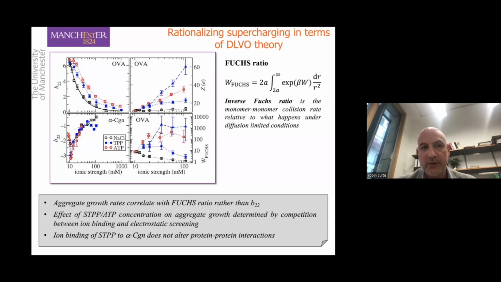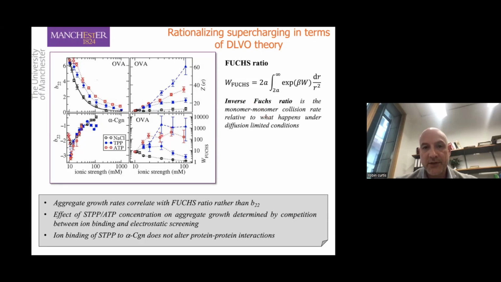And then what we wanted to do is to explain this minimum in aggregate growth rates that occurs around 5 to 20 millimolar. If you just look at the virial coefficients, you get the strongest repulsion at very low salt concentration, not at 5 to 20 millimolar. But the colloidal stability is controlled more by the barrier in the interaction potential at short range, which is related to this Fuchs ratio, which tells you about collision rate relative to what the collision rate would be under diffusion-limited conditions.